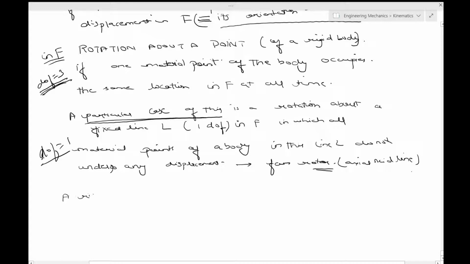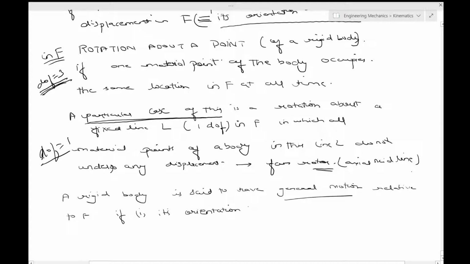So a rigid body is said to have a general motion relative to F if its orientation changes relative to F. So this is clearly not translation, because the orientation is changing relative to F. In translation, the orientation was not changing.